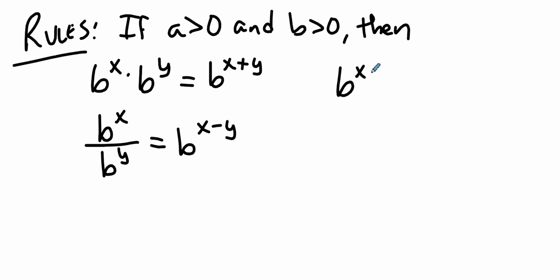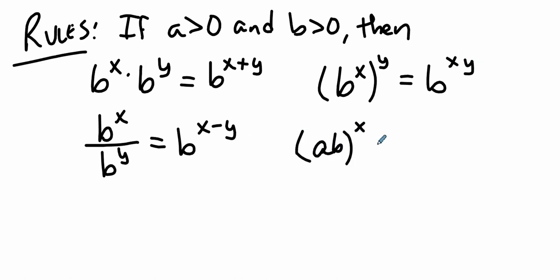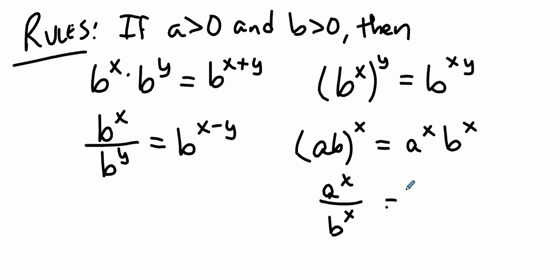And b to the x, to the y, is b to the xy. And (ab) to the x is a to the x times b to the x. And a to the x over b to the x is the same as (a over b) to the x. These are all things that are familiar to us from Algebra 2.